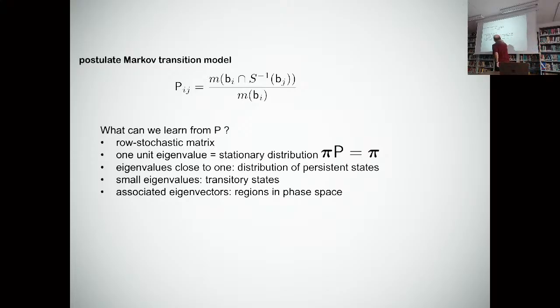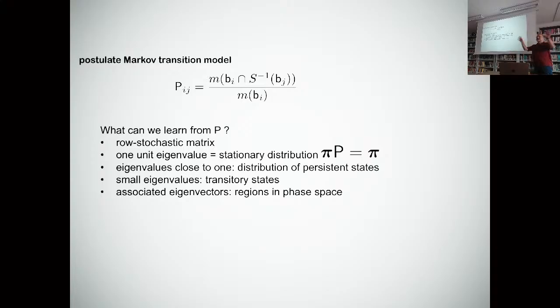So those are the distribution of the persistent states, states that are very coherent, very observable, very persistent. The small eigenvalues, as you go down the ladder, will describe transitory states.